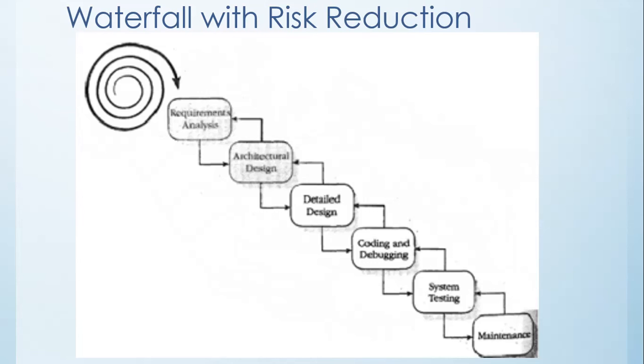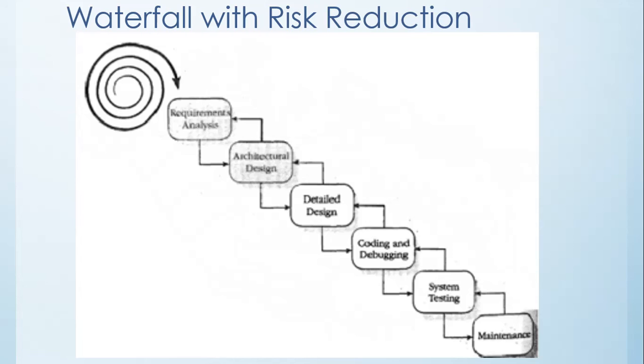Another modification that you may make to waterfall is waterfall with risk reduction. Another of the waterfall model's weaknesses is that it requires you to fully define requirements before you begin architectural design, which seems reasonable, except that it also requires you to fully understand the requirements before you begin the architectural design.